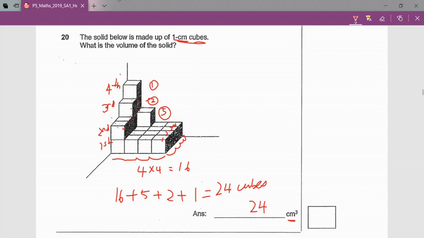Because 1 cube is 1 cm, right? So the volume of 1 cube is 1 times 1 times 1, which is just 1 cm cube. There are 24 of them, times 1 cm cube will give me 24 cm cube.